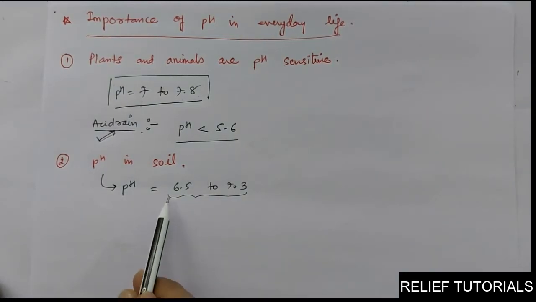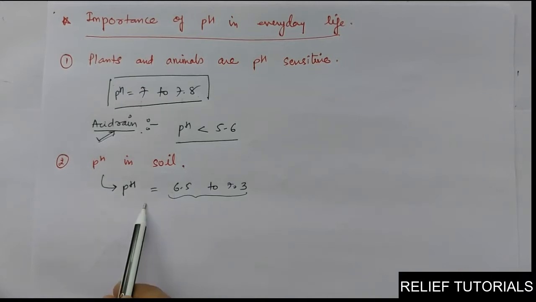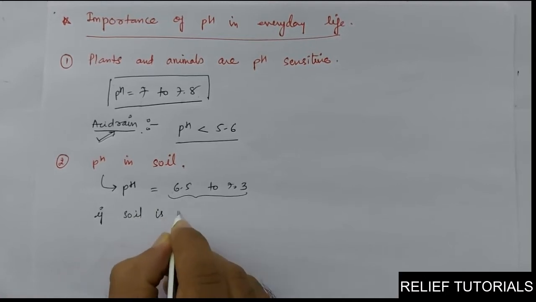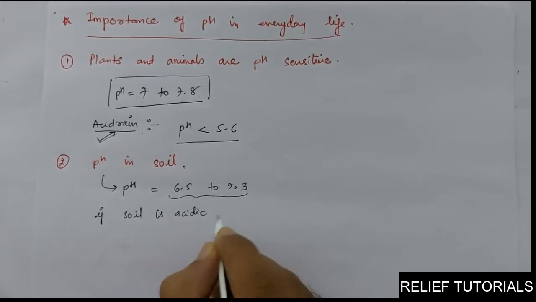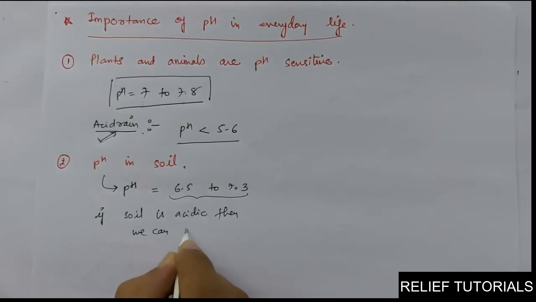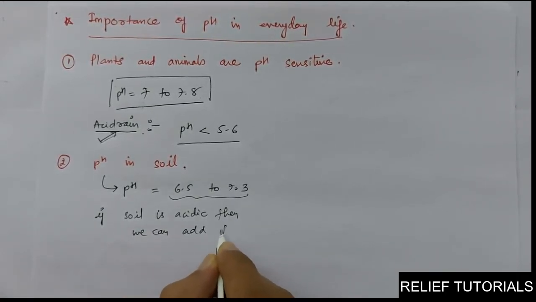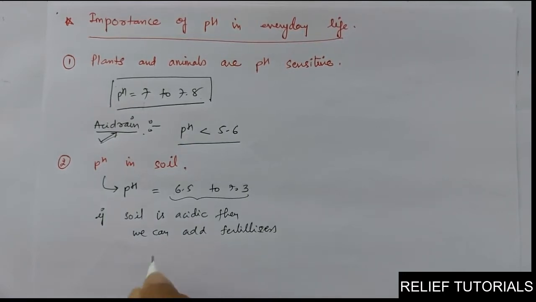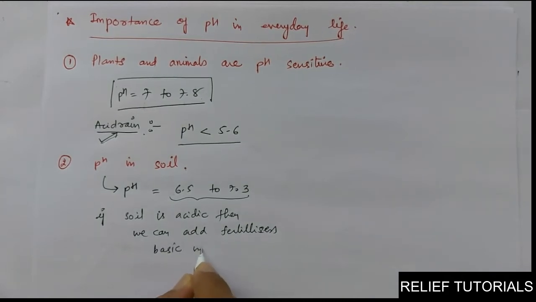If our soil has a pH less than this, meaning less than 6.5, it means the soil is acidic. So if the soil is acidic, we can add fertilizers which are basic in nature.